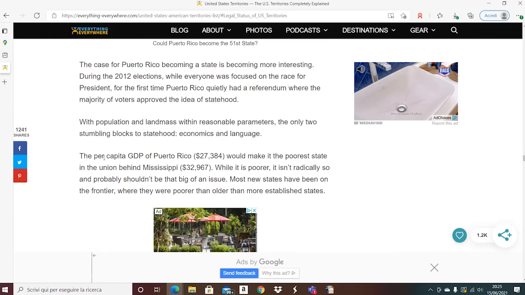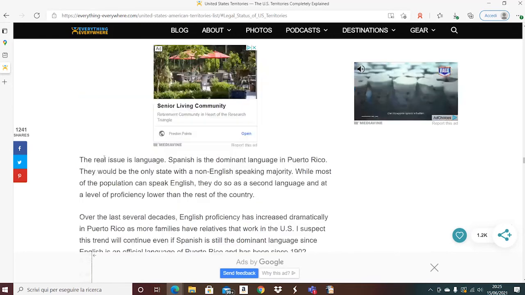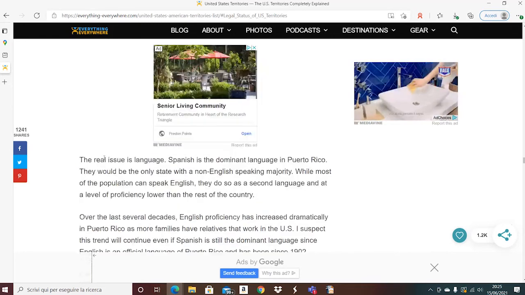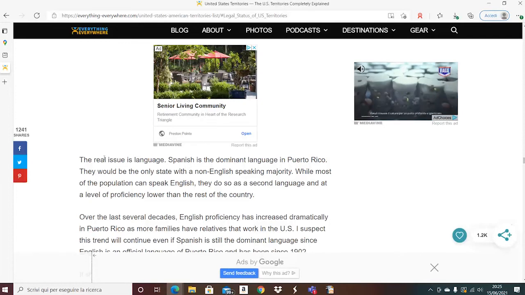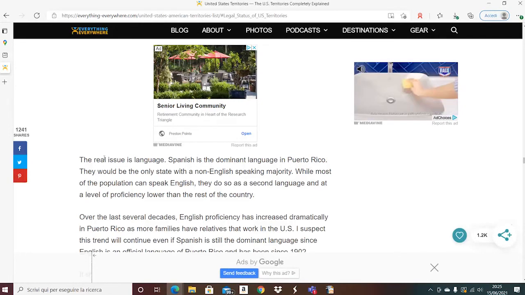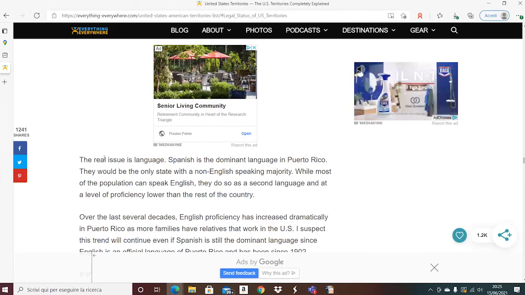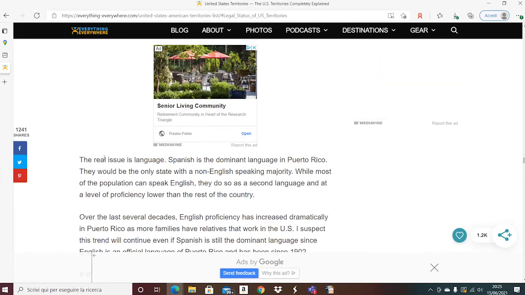Spanish is the dominant language in PR. They would be the only state with a non-English speaking majority. While most of the population can speak English, they do so as a second language and at a level of proficiency lower than the rest of the country.